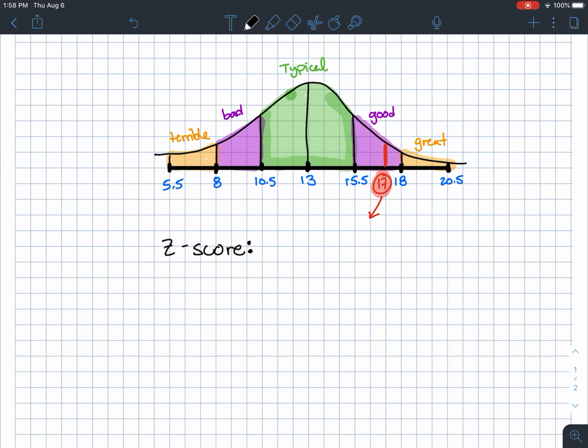And a Z-score basically tells you how many standard deviations away from the mean a data point is.